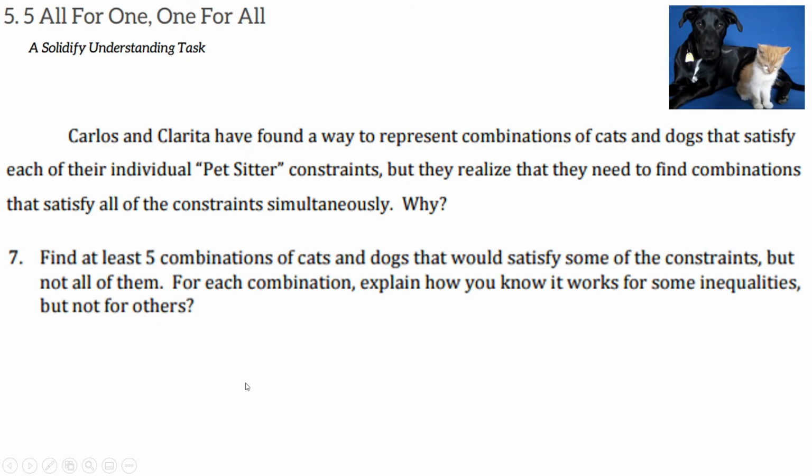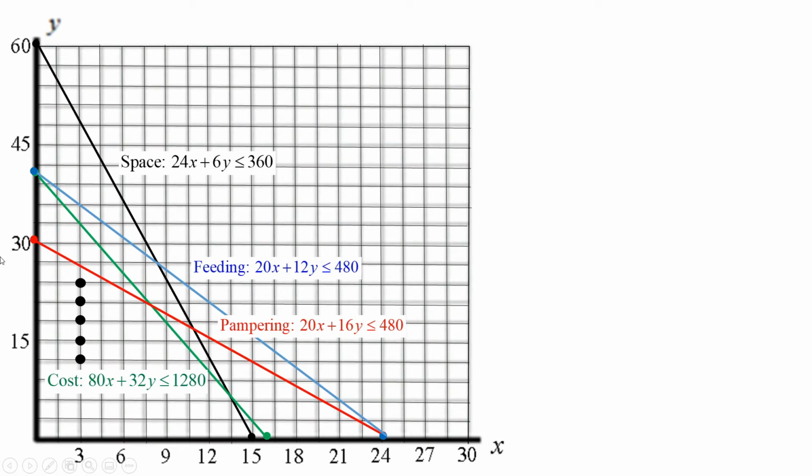Okay, so number 7, find at least 5 combinations of cats and dogs that would satisfy some of the constraints, but not all of them. For each combination, explain how you know it works for some inequalities, but not for others. Beautiful. So here is our same set of boundary lines for every constraint, and we found the 5 ordered pairs that would work.